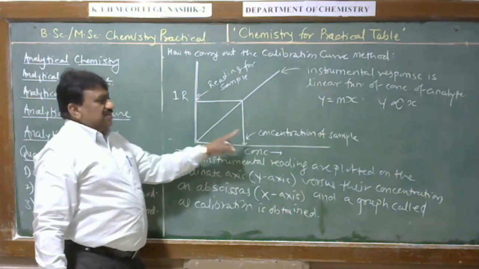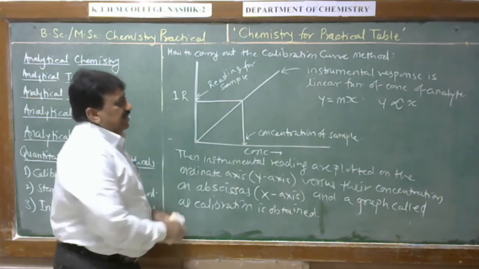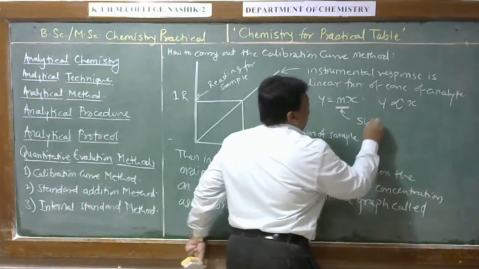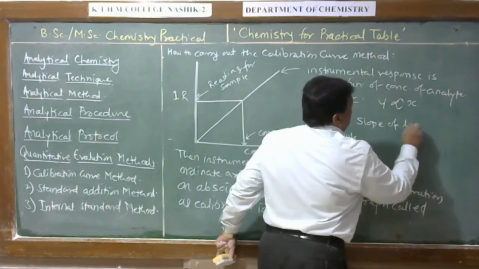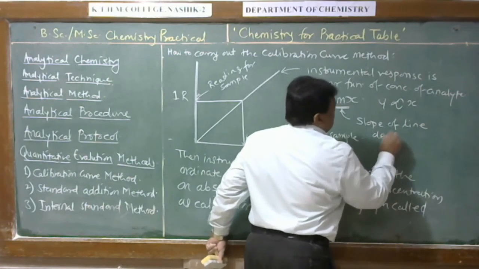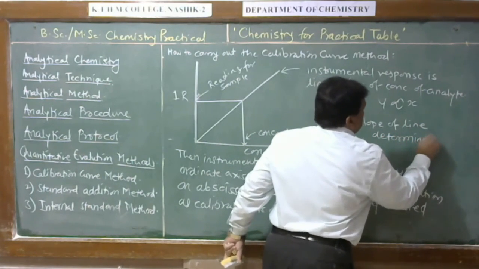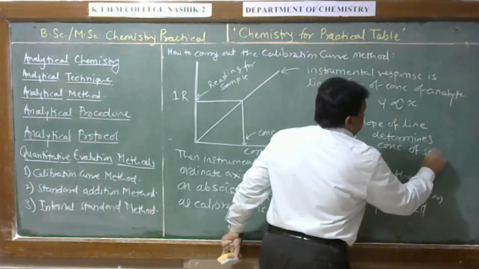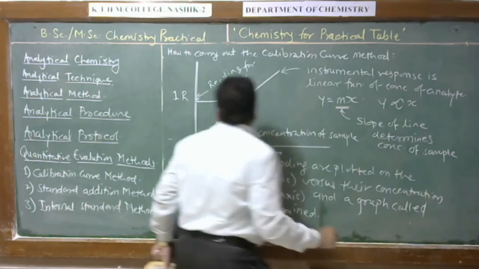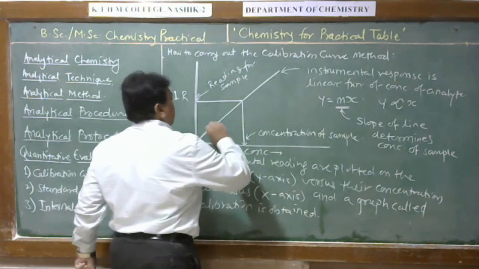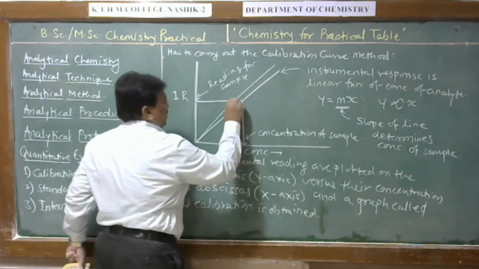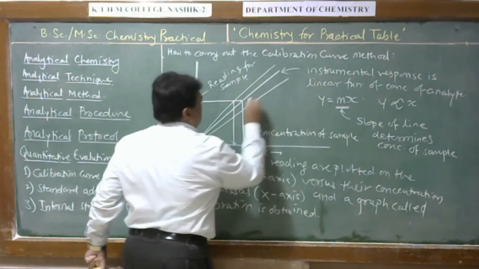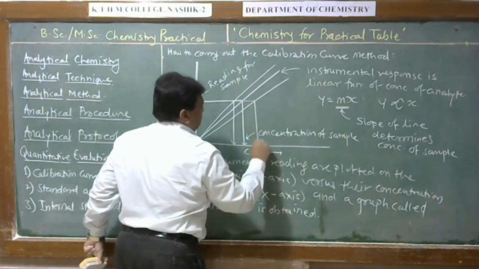The concentration of sample in this case totally depends upon the value of m, that is the slope of line, which determines the concentration of the sample. That means if we draw the line in this fashion, then concentration of sample is this much, and if we draw the line in this fashion, then concentration of sample is this much.